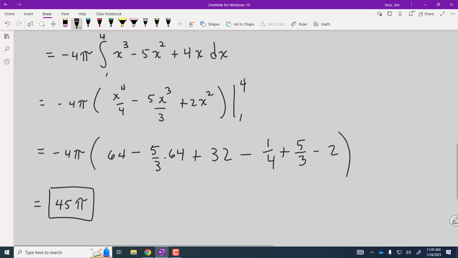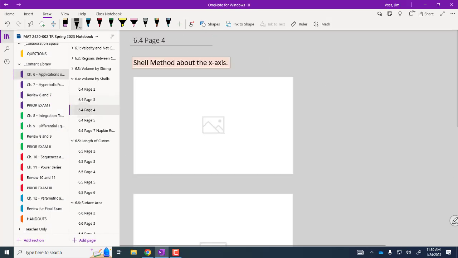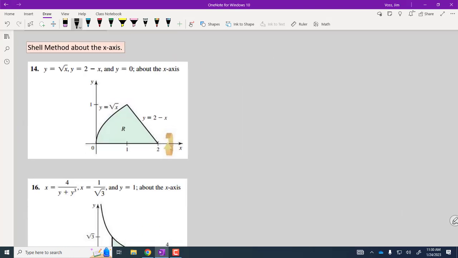Anyone else get 45 pi yet? If not, I'll put a little question mark next to it and I'll do the arithmetic in my office. Okay, so that's the arithmetic part. So any other questions on the setup? Setup all good? All right, somebody scream out when you confirm or deny the 45.